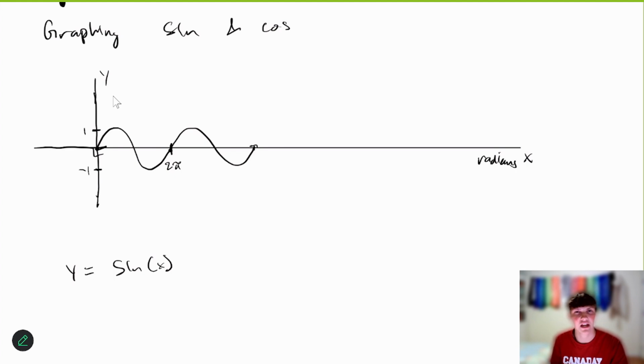Now let's say I wanted to change it in some way, right? Or the question asks us, what does this change do? There are 4 ways you can change a sine function or a trig function. The first of those ways is to change its amplitude. What that means is increase the height at which we go up to every rotation and the height at which we go down to, something like this.